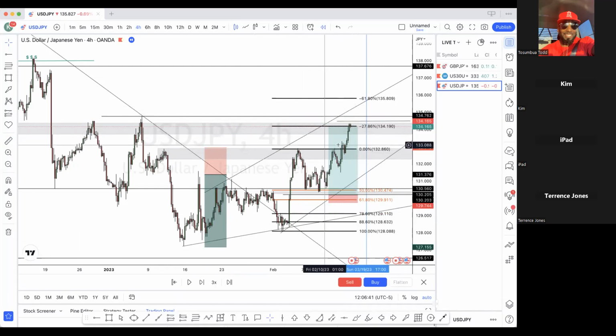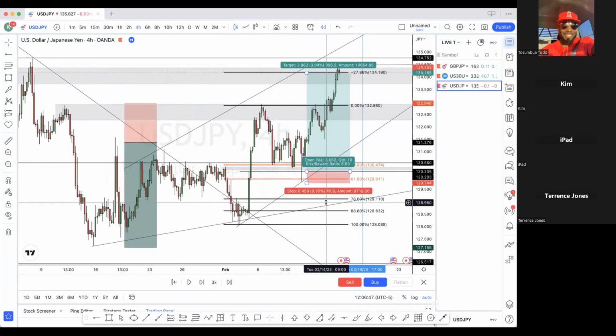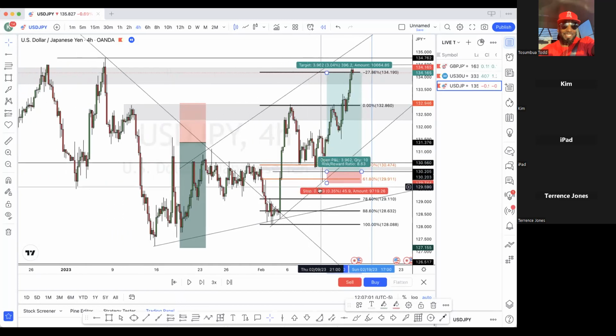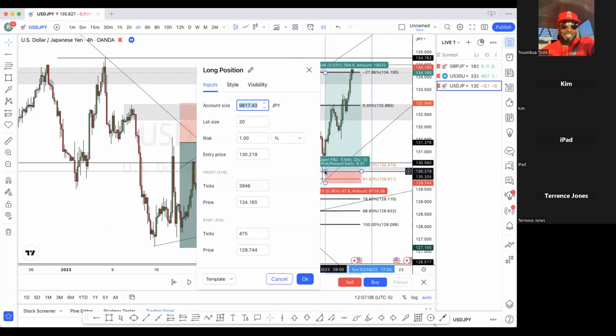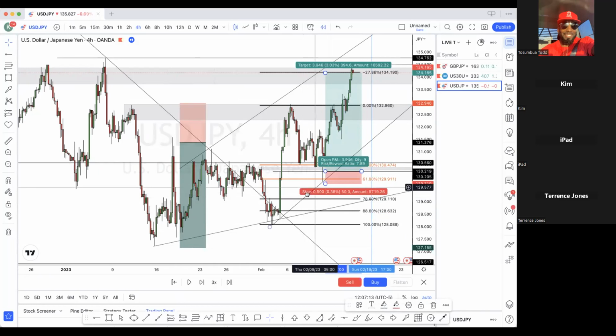Okay. So with that being said, this pulled back to the negative 61, right? So the target, which was, this was a 45 pip stop loss. Or let me rephrase that. So this would have been here. And like I said, I don't trade UJ, so I don't know what the average stop loss is for UJ.